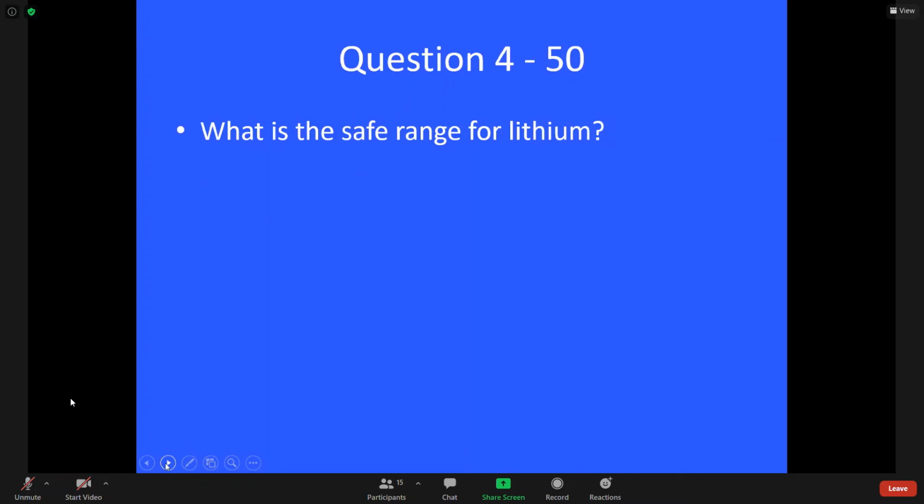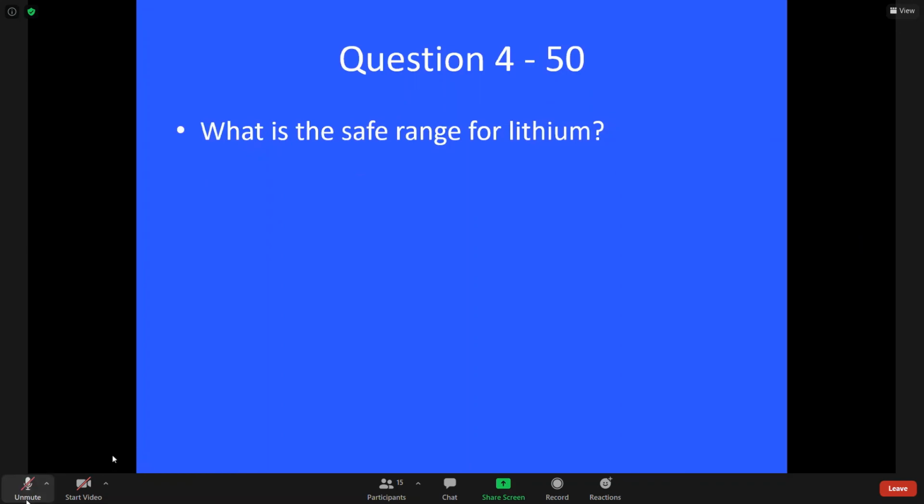So when we look at safe range for lithium, Tatiana, what is the answer for that? I'm not sure. Okay, does anybody know the safe range? Correct.